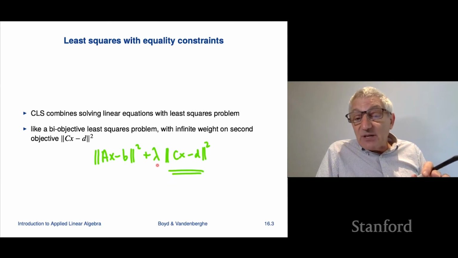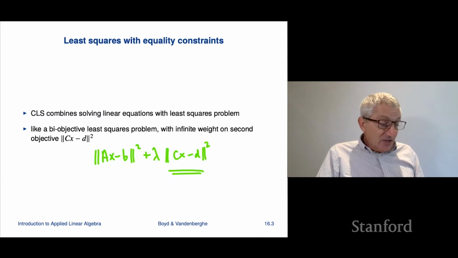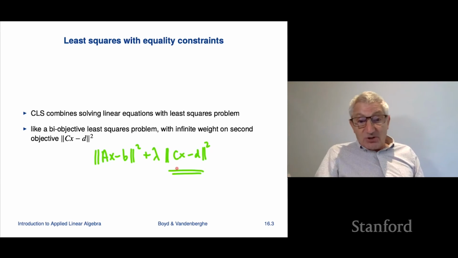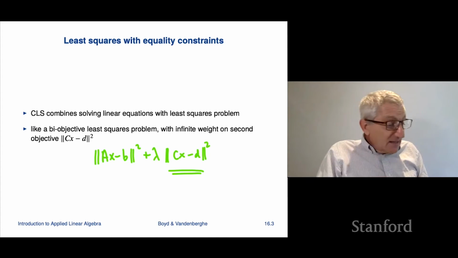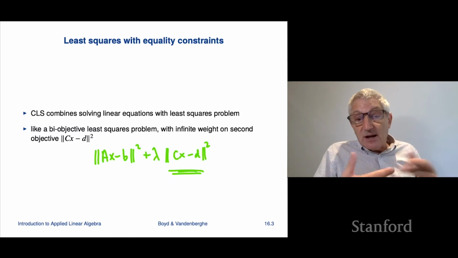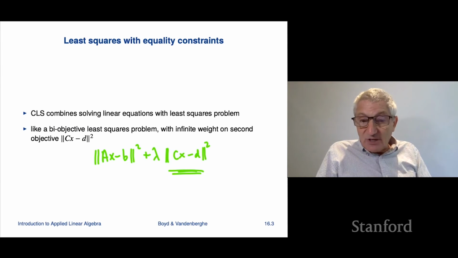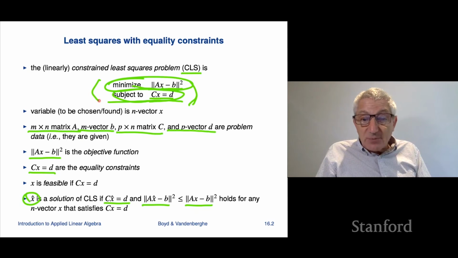As lambda goes to infinity, your only choice is to have Cx equals d. So we would expect that when lambda goes to infinity, this bi-objective least squares is going to give you a solution of the constrained least squares problem, the CLS problem here.